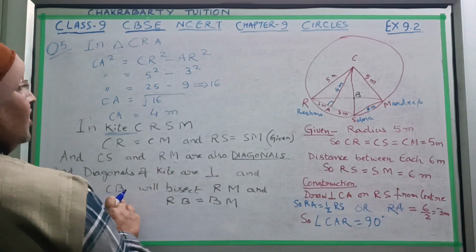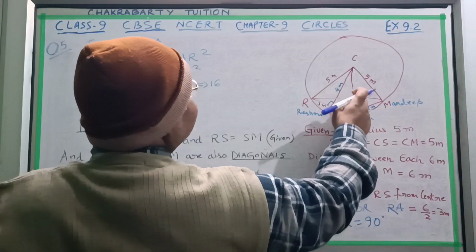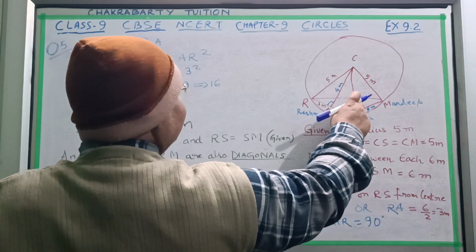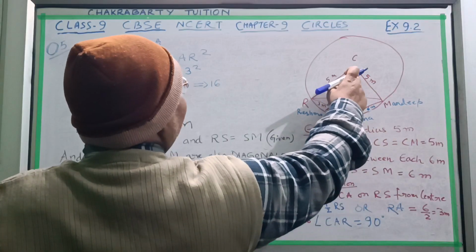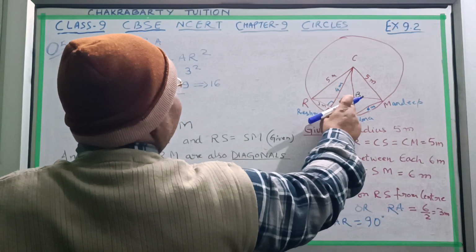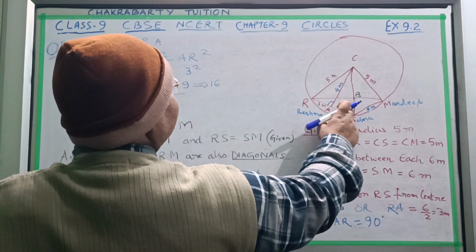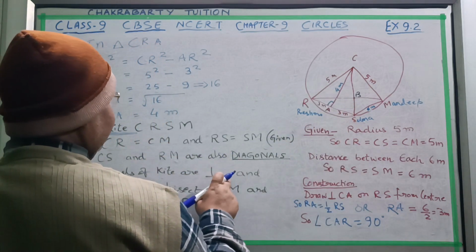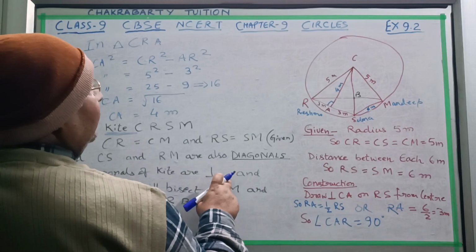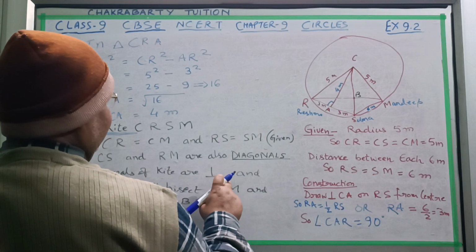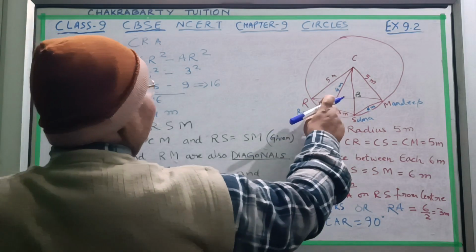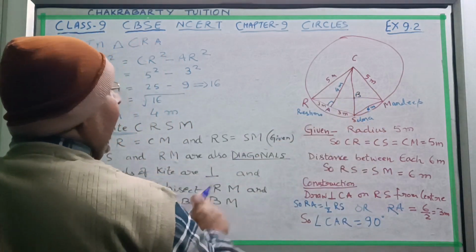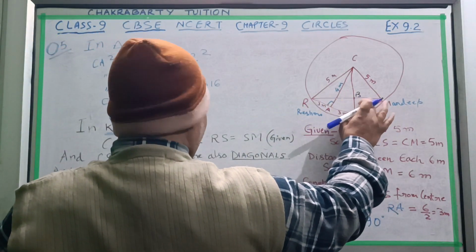So CB will bisect RM at the point of intersection, and RB will be equal to BM.